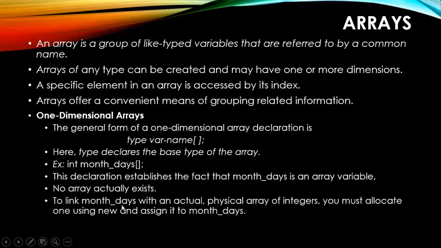With respect to this example, the declaration gives you just a logical existence, not a physical existence. To link month_days with an actual physical array of integers, you must allocate one using new and assign it to month_days.